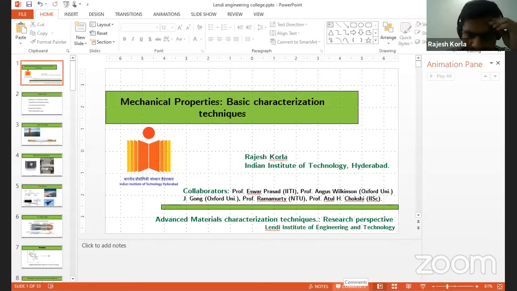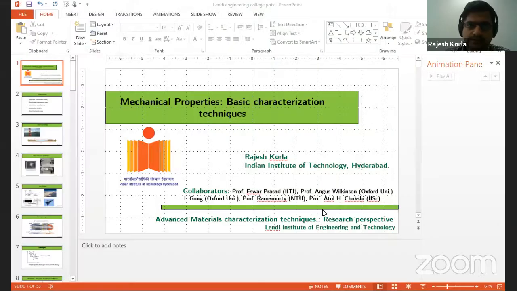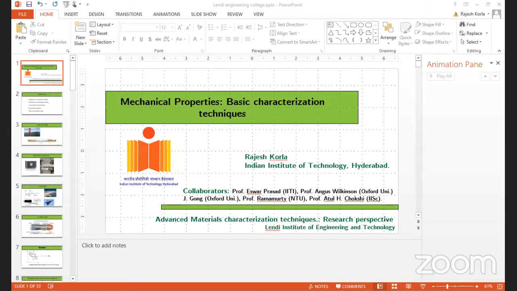I don't know what I did wrong. Okay, then stop share and I will reshare. Wait, it's not enlarging basically. Sir, go to full screen mode.